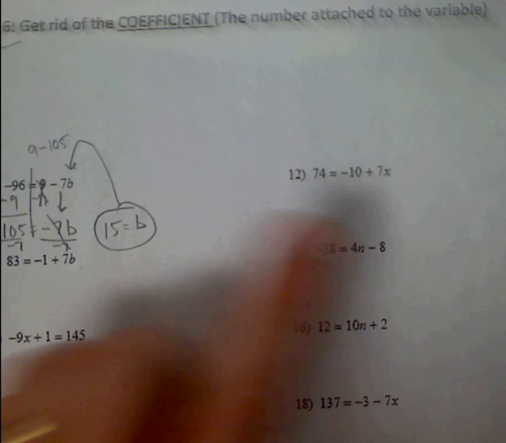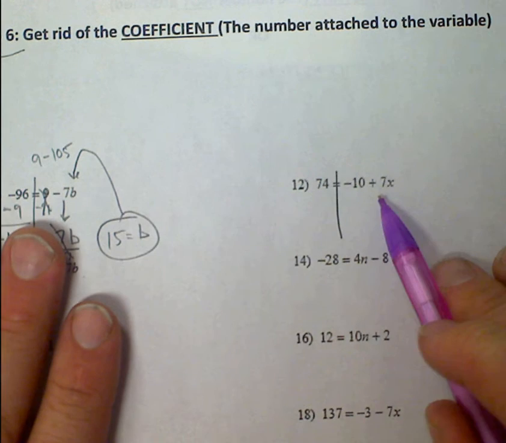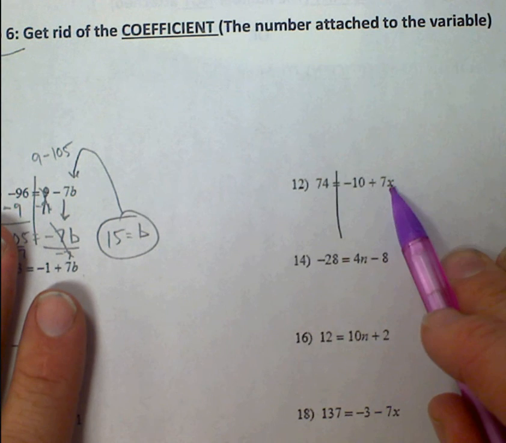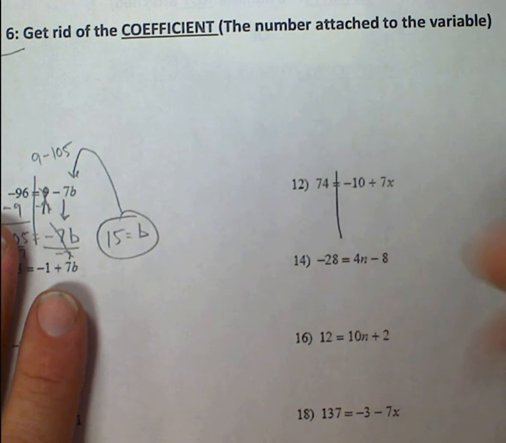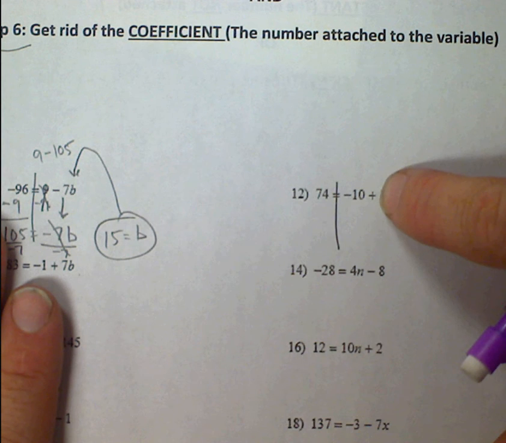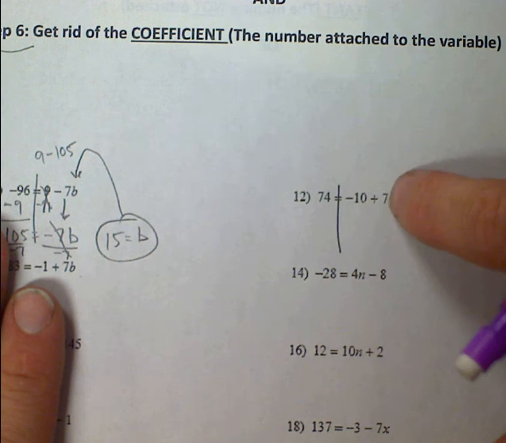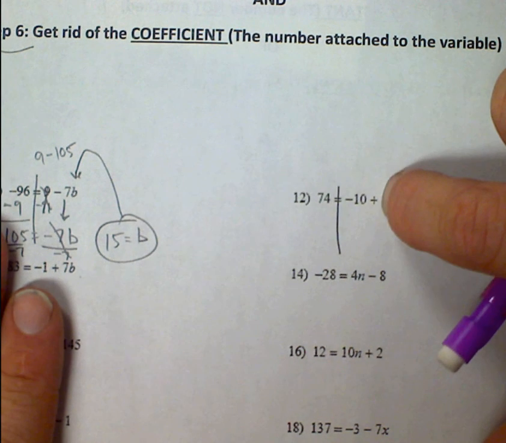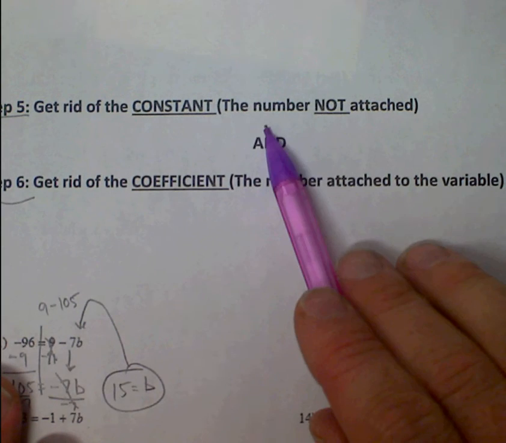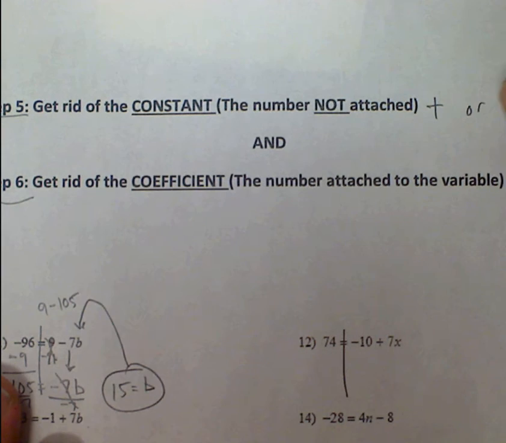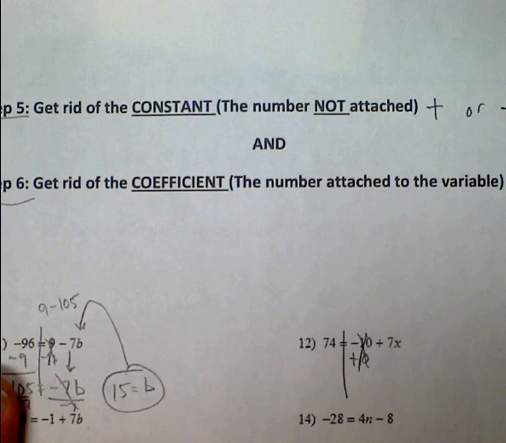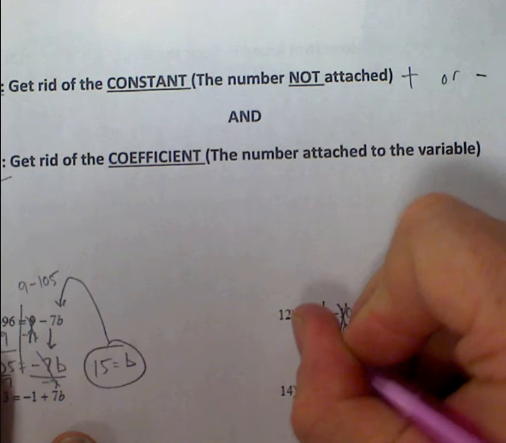Number 12. I need to get rid of the number that's not attached. Here's my variable. Negative 10 is not attached. So even if I cover up my variable with a number, that's how I know which number is not attached. The 7 is attached to the x, so I have to get rid of the negative 10 first. How do I get rid of a number that's not attached? I have to add or subtract. So if this is negative 10, I need to add positive 10 to both sides.